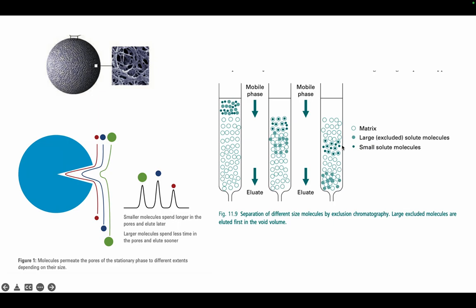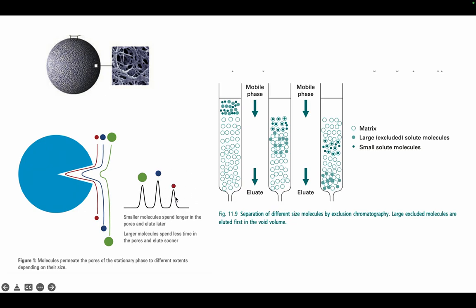The small molecules, because they are traveling through all the pores, travel a longer distance, so they get separated from the bigger molecules and take more time to elute from the column. The profile that we get would look something like this, where the largest molecules come first, then medium sized molecules, and then the smallest molecules.